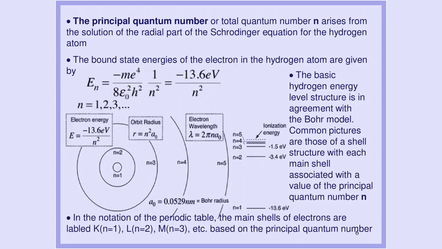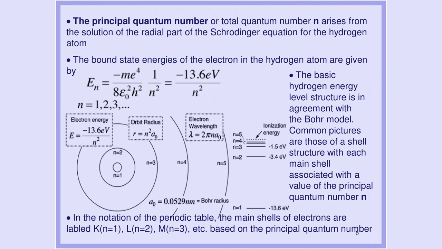Let's consider these quantum numbers in more detail. The principal quantum number, or total quantum number n, arises from the solution of the radial part of the Schrödinger equation for the hydrogen atom.